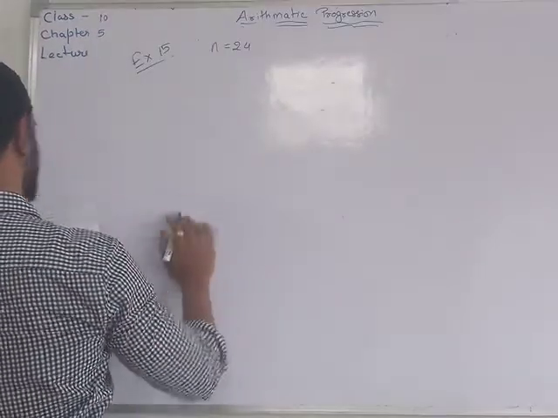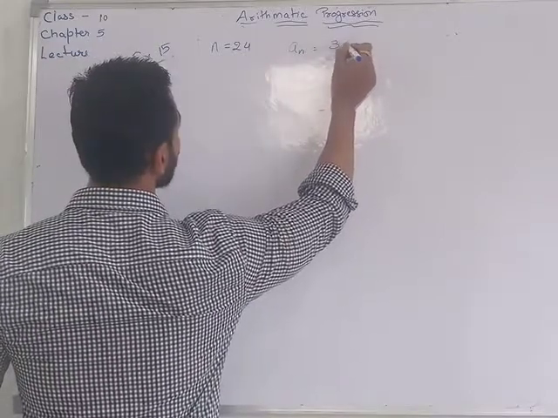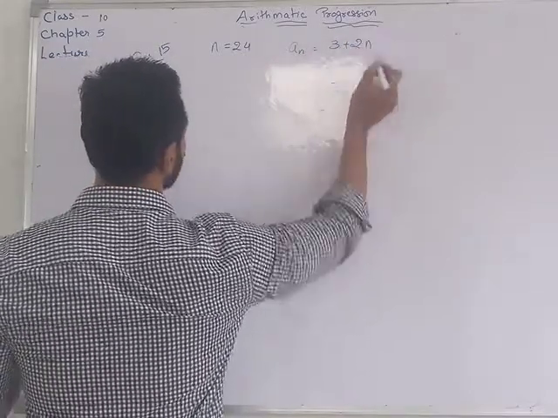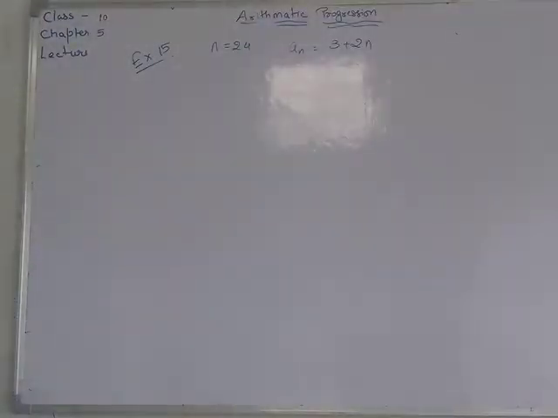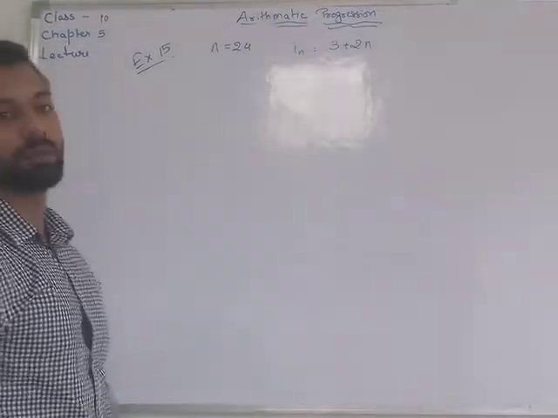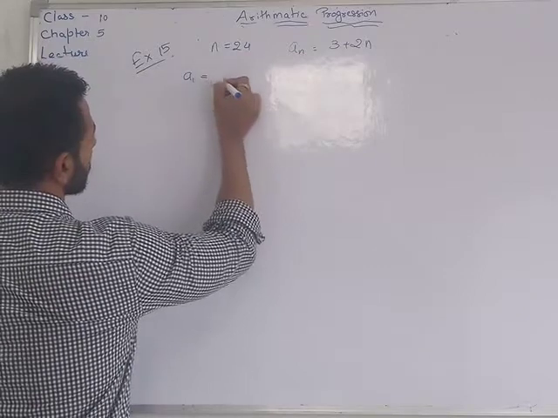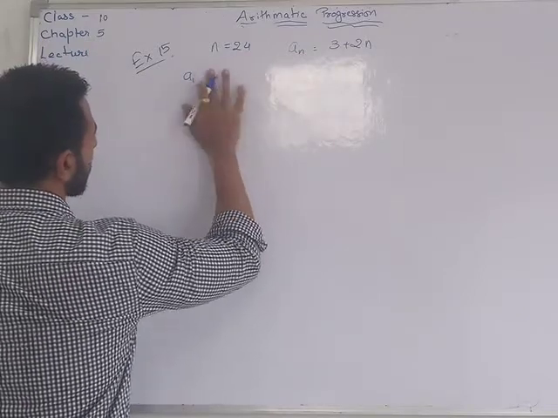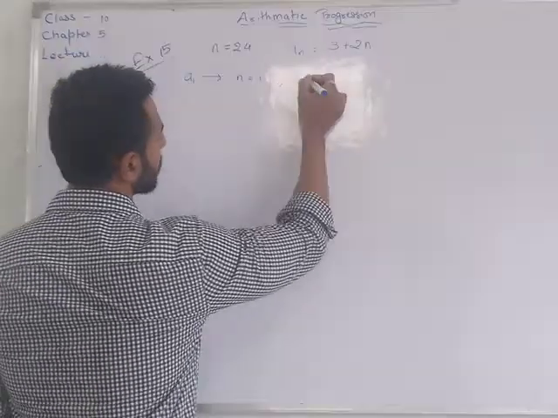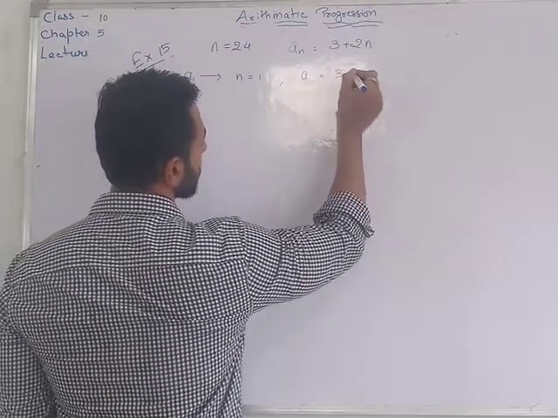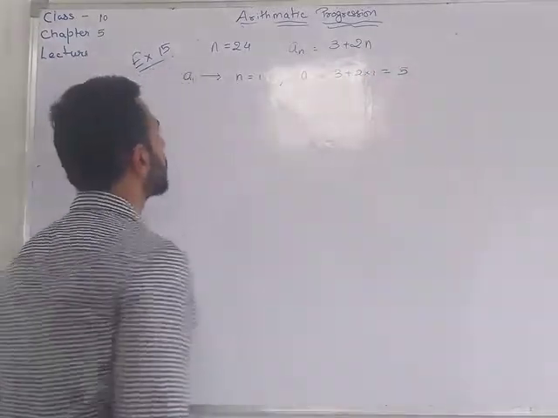Whose nth term an is given by 3 plus 2n. Now a1 means n is equal to 1, so a1 will be 3 plus 2 into 1, which is 5.